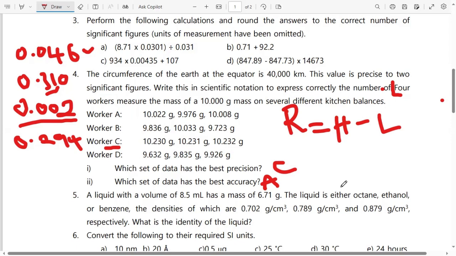Yes, you can't, unless you are given only one measurement. When you are given only one measurement, you just directly compare it to the true value. But when you're given a number of measurements and you want to find out if they are accurate, you always have to find the average of those measurements. Then that's when you can conclude if they are accurate or not.